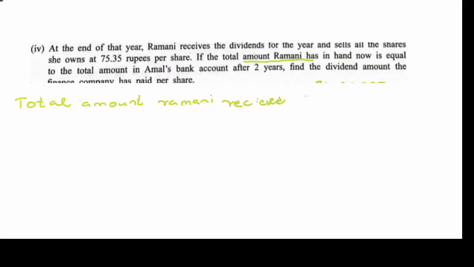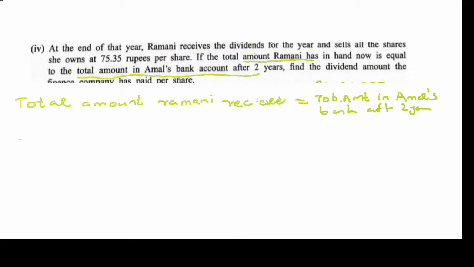As per the question here, it has been told to us the total amount Ramani receives is equal to the total amount in Amal's bank account after 2 years.